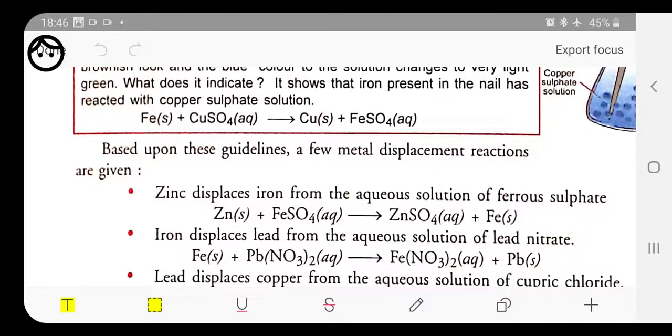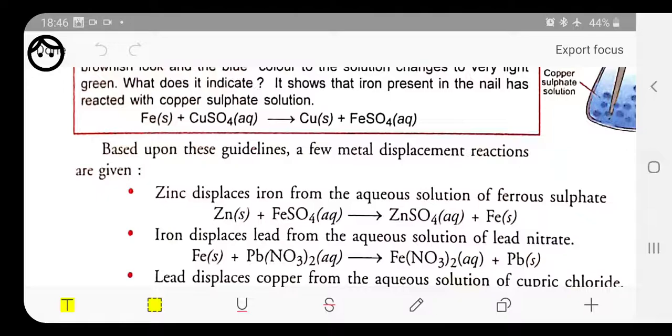Next example, that is zinc plus iron sulfate. Here we have zinc, which is more reactive than iron. So zinc is going to displace iron from its place, and then formation of zinc sulfate plus iron takes place, because zinc is going to displace iron and take its place. Now iron again is going to displace lead, because iron is more reactive than lead. This reactivity series is given in your NCERT book.